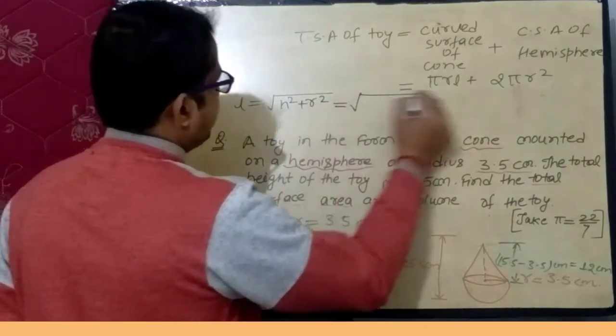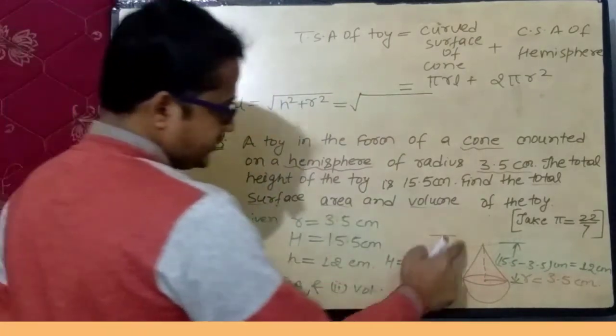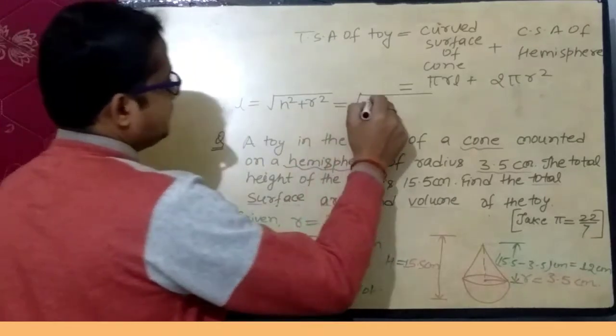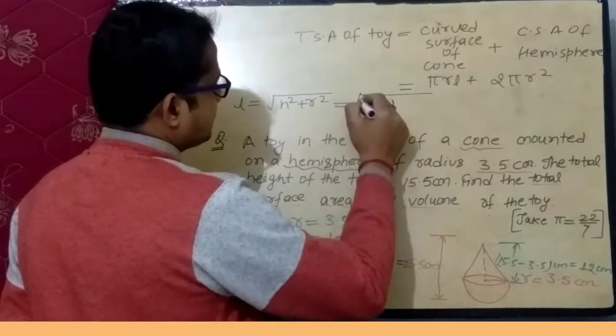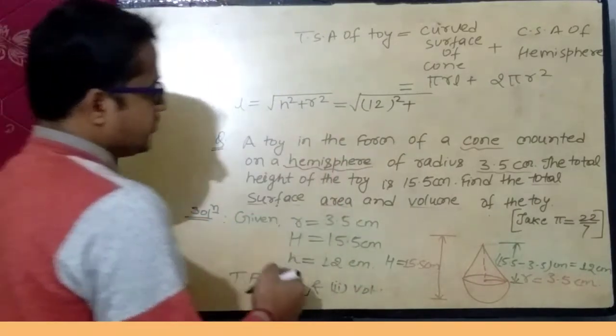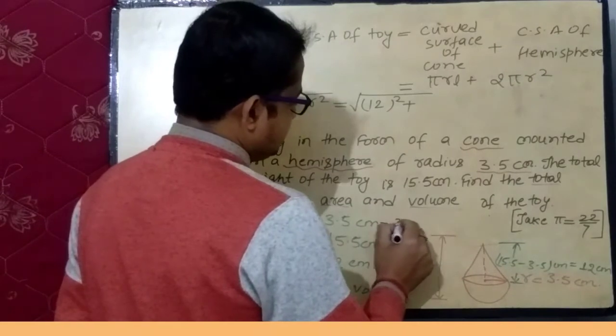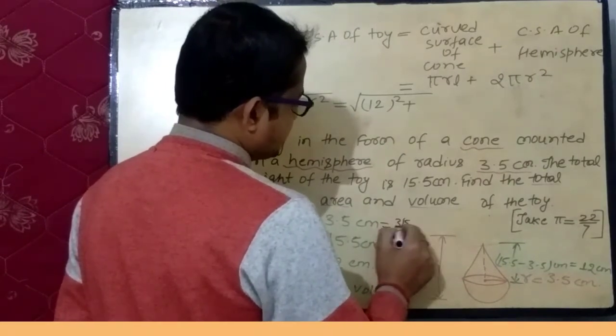Now h is given to you, that is small h. This is the height of this cone. 12 square add up small r is also given to you, that is 3.5. You can rewrite this as 3.5.